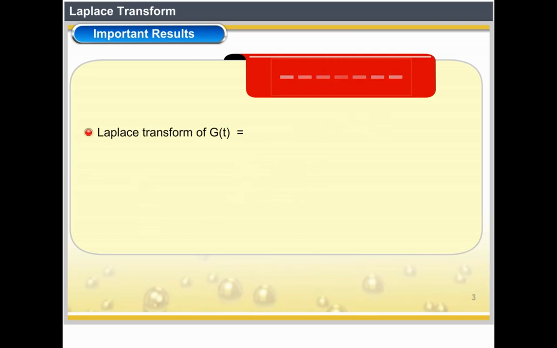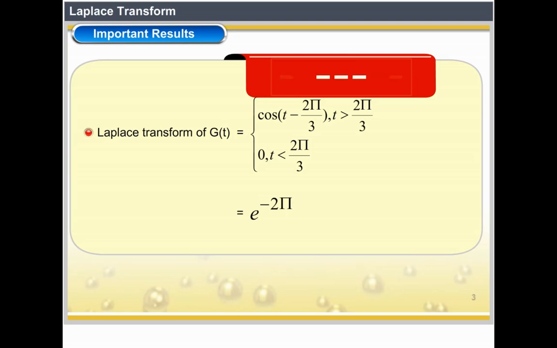Laplace transform of capital G of t equal to cos of t minus 2 pi by 3 for t greater than 2 pi by 3, 0 for t less than 2 pi by 3, equal to e power minus 2 pi by 3 s into s divided by s square plus 1.